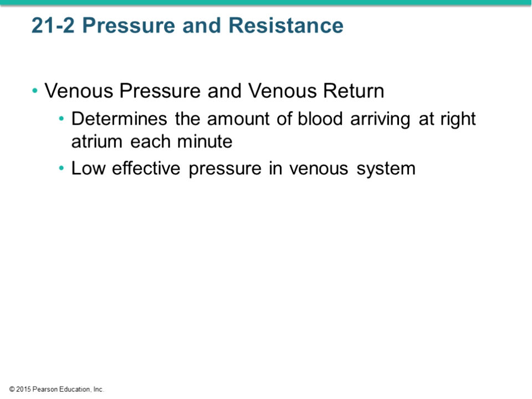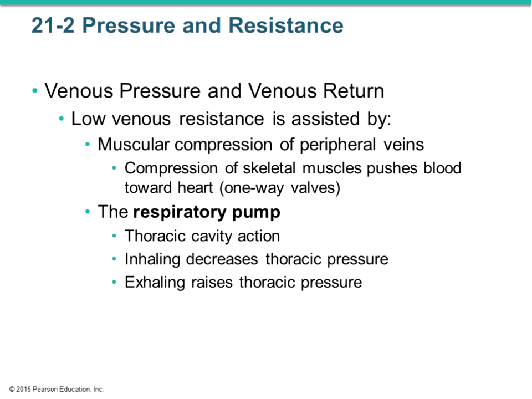All right, so what about after the blood moves through the capillaries? It goes into the venous system and venous pressure. Venous pressure is significant, and it determines the amount of blood that ultimately is going to return to the heart. It's a much lower pressure in the venous system, as we've seen, as compared with the arterial system. But we have components that can help with this challenge.